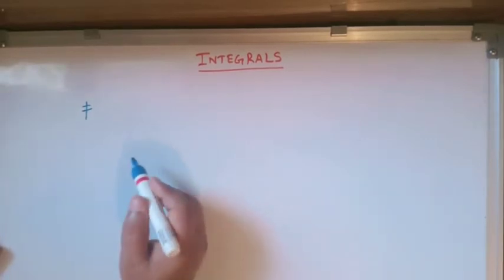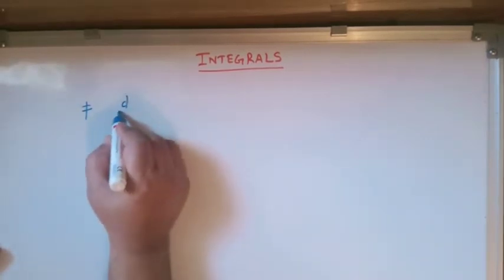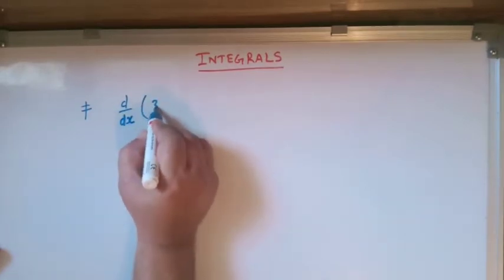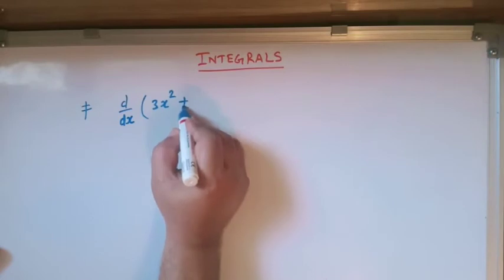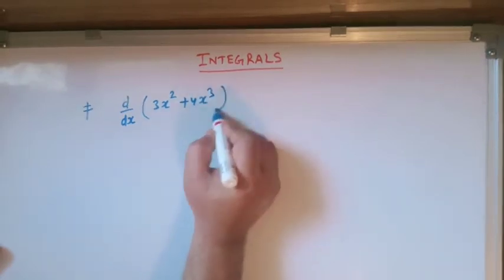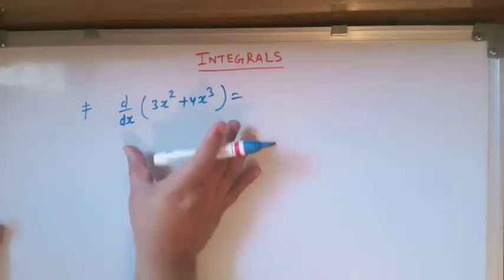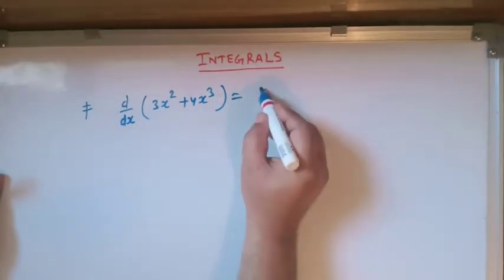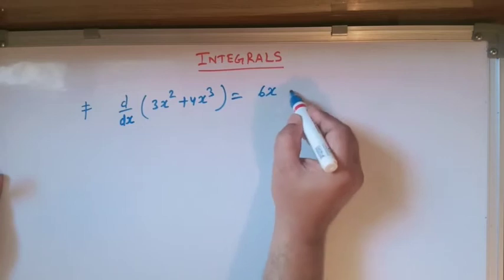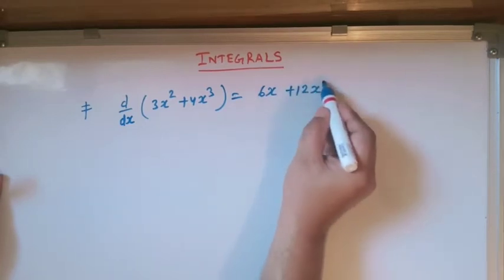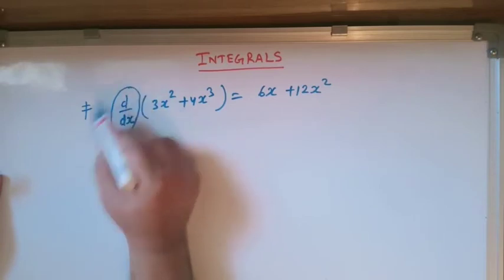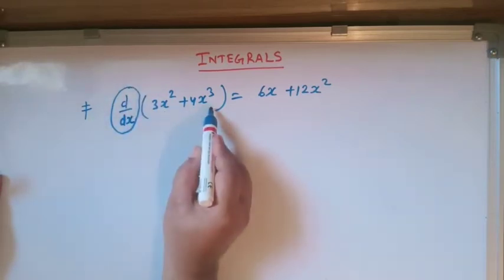Viewers, let us take some more examples. See, what is the derivative of this function, say 3x square plus 4x cube? Now obviously we know that the derivative is 6x plus 12x square. Now this is the operator and this is the function, clear?